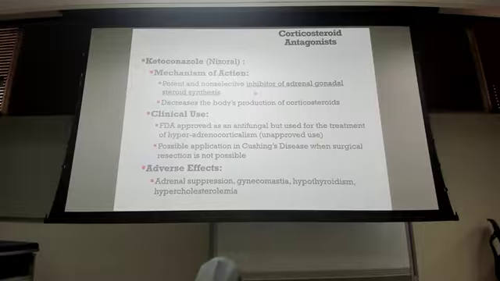So for completeness, it is here. You see that you have the non-selective inhibitor of your steroid synthesis, and therefore it decreases your body's production of corticosteroids. So if somebody had some type of hypersecretion of those glucocorticoids, you can see where this will kind of shut that down.